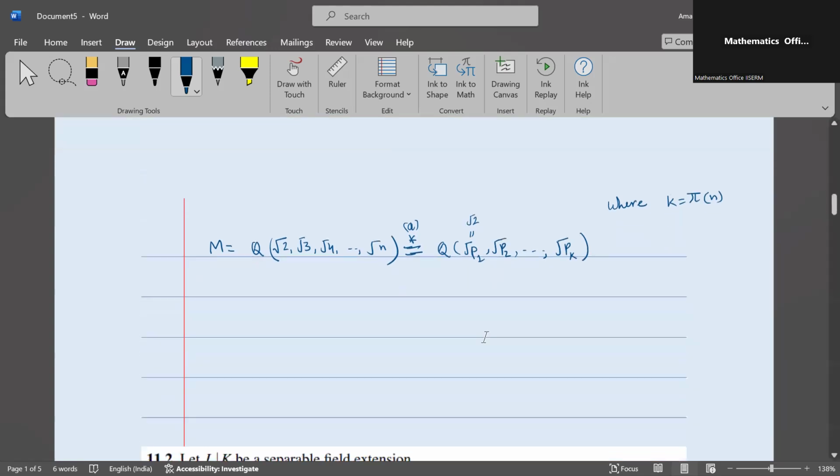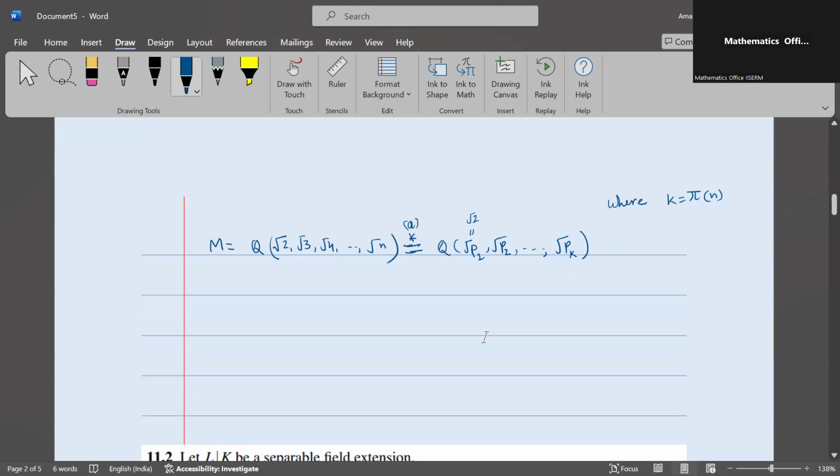So this is your M, and now what we are taking is the automorphism group of M over Q. What is the order of this group?